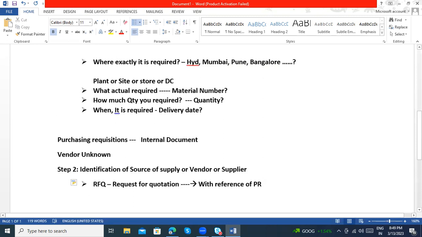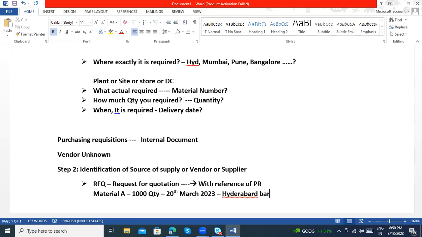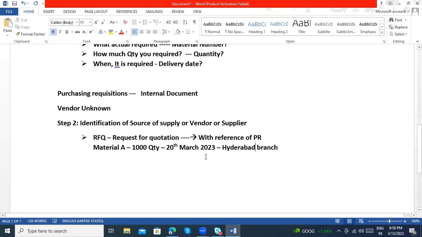In the request for quotation, I need material number A, 1000 pieces, and my requirement is on 20th March 2023, for the Hyderabad branch. We send this information to multiple vendors.